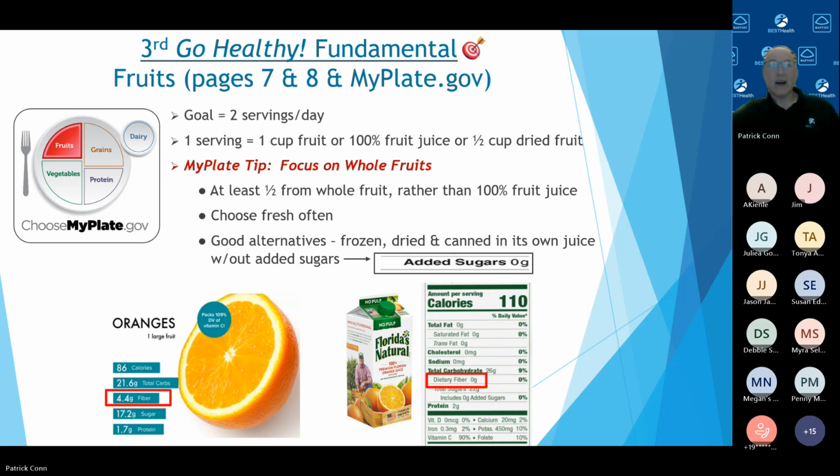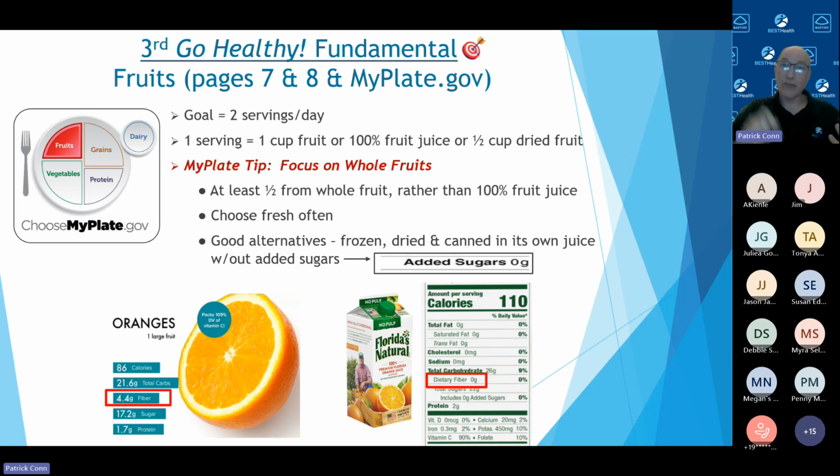All right. Also, with your fruits, recommendation under My Plate, not only focusing on whole fruits, but choose fresh often. Also, good alternatives for fruits are frozen, dried, and canned in its own juice without added sugars. And the way that you can see if it doesn't have added sugars, you can look at the food label.